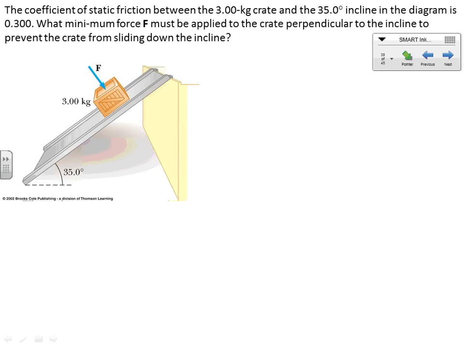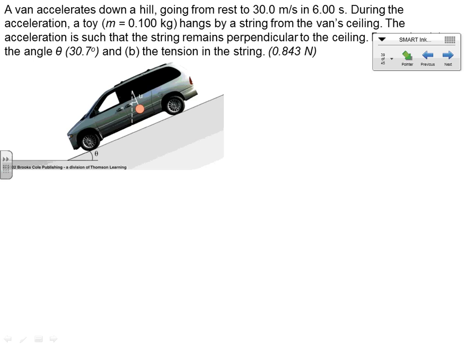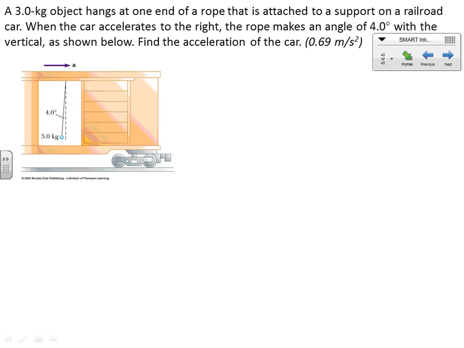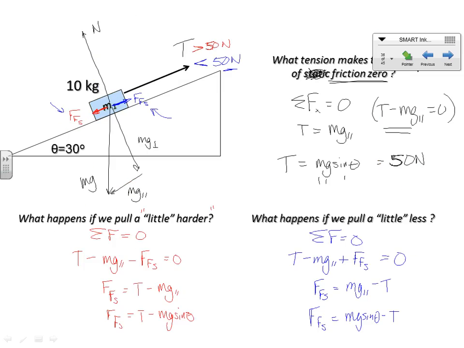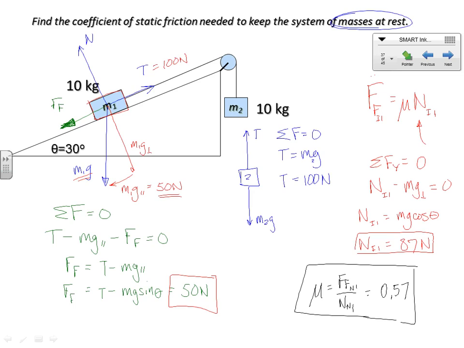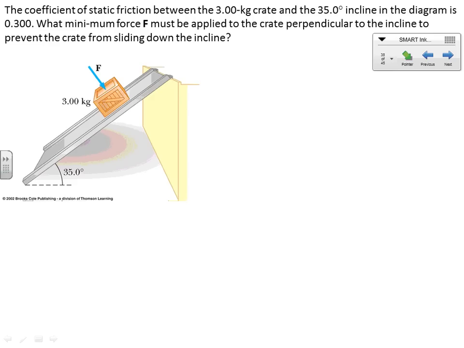Now I think this one, that one's a little different. This one's different also. We did that one. Yeah, okay, so we're in a good spot. This one's a good one to add on to your homework, to tell you the truth.